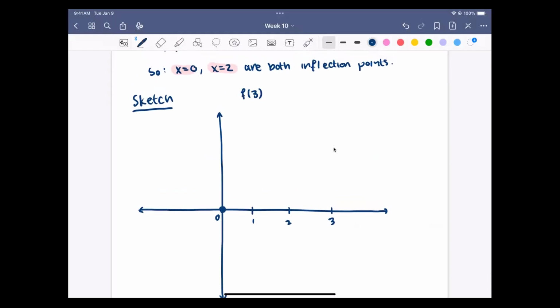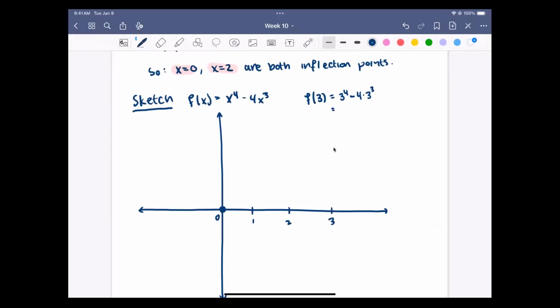And I've forgotten what f was, so let me go back to the beginning. So f was x to the 4th minus 4x cubed. Okay, so what is f of 3? This is 3 to the 4th minus 4 times 3 cubed.